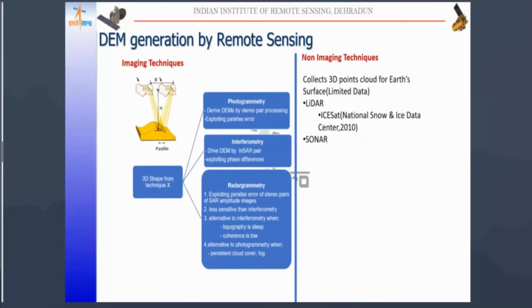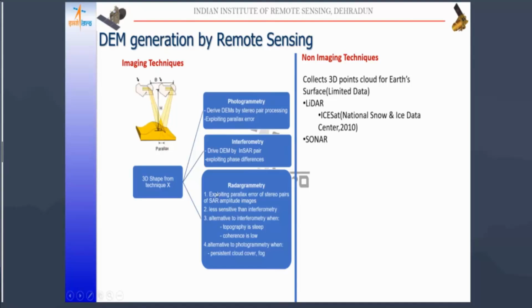If we use a pair of SAR images, then it is called radargrammetry. Radargrammetry uses the same concept as photogrammetry: we calculate the parallax, and from the parallax, we derive the height of the Earth's surface. But interferometry is a little bit different. In both photogrammetry and radargrammetry, we use the amplitude images.